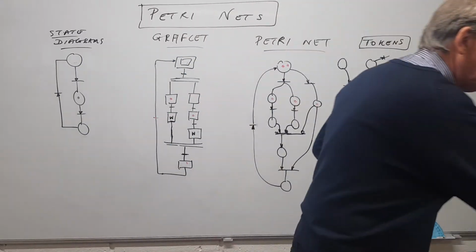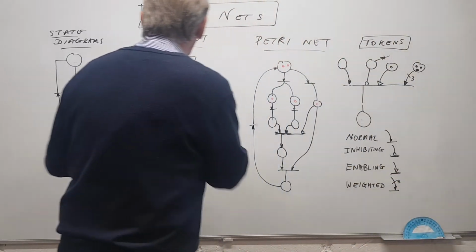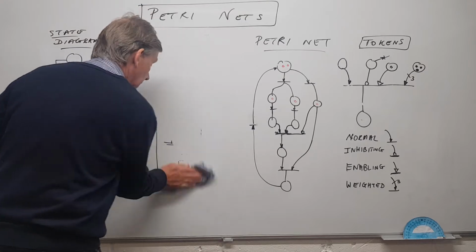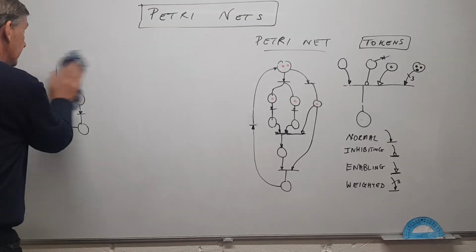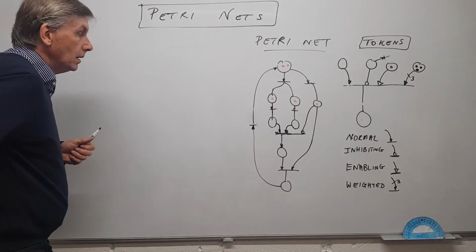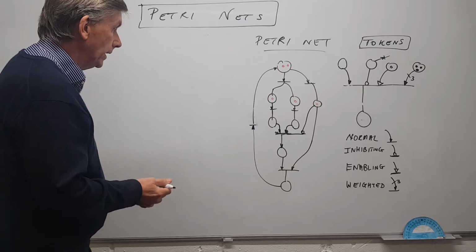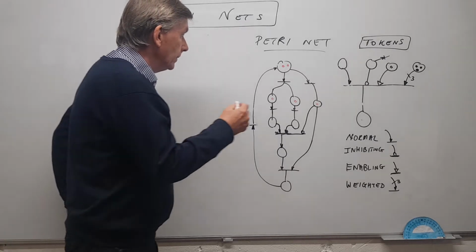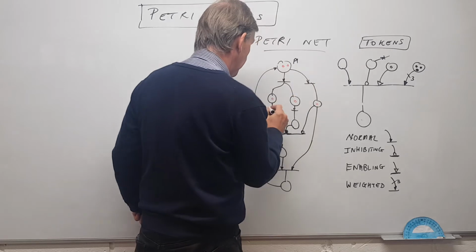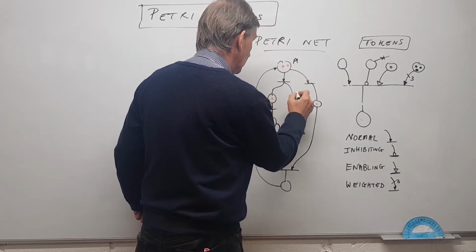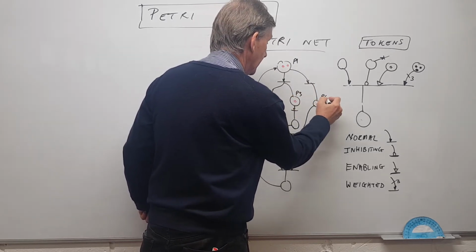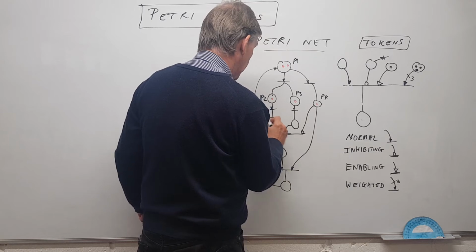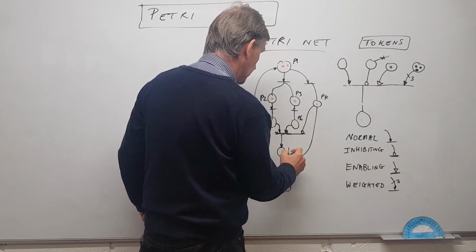Let's just have a quick look at that. Just make myself a bit of space here. So in a Petri net, we tend to call these places P1, P2, P3, P4, P5, P6, and P7.